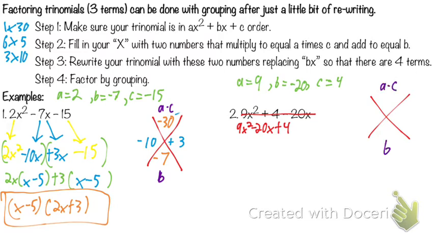B. So what is a times c? 36. Now, if you didn't rearrange it, you might think your c here was negative 20 instead, and that would have been negative 180. Ooh, got bigger. Okay. What's our b down at the bottom? Negative 20.